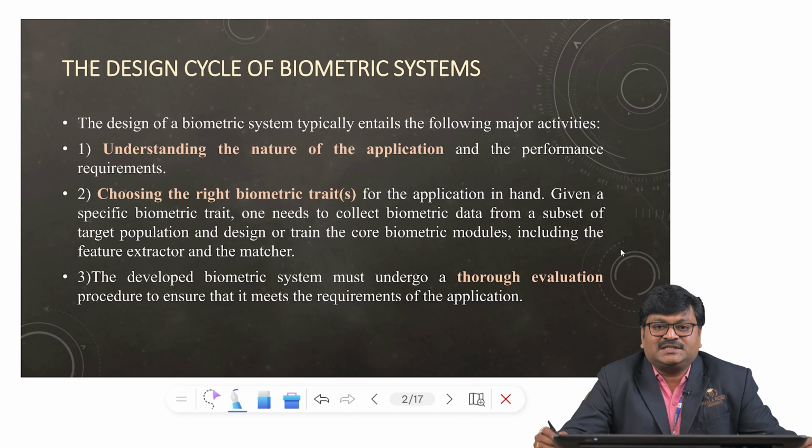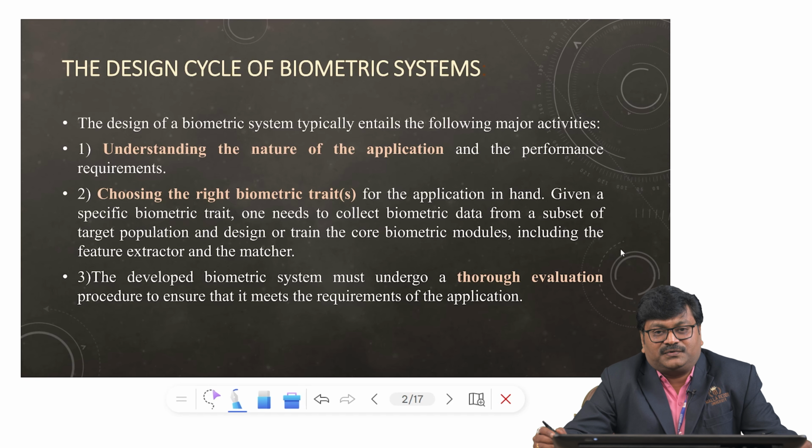In this design cycle, we always need to focus on how effectively a biometric system is structured and in what way the step-by-step process will give us access or authentication for granting access to the devices or to any other entities.